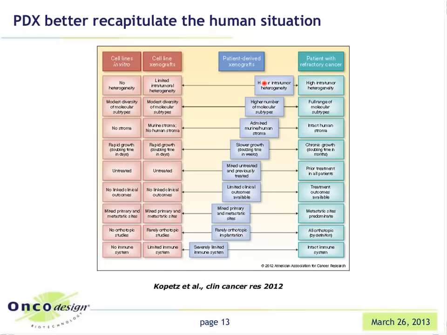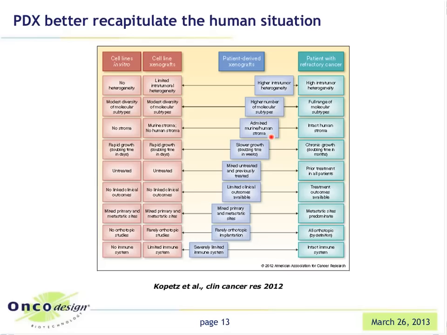And so, of course, heterogeneity is one major point that you will see in our collection that you don't have with cell lines. You have a very good conservation of the molecular subtype, which is very important, especially when you want to study targeted therapies.